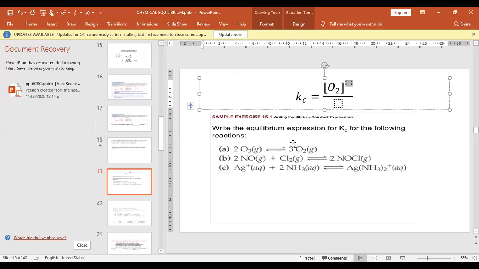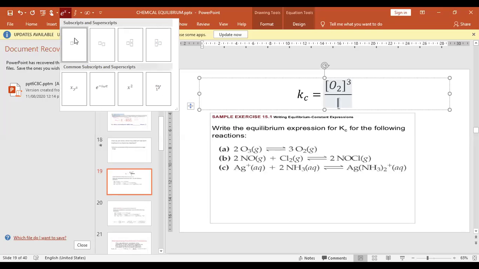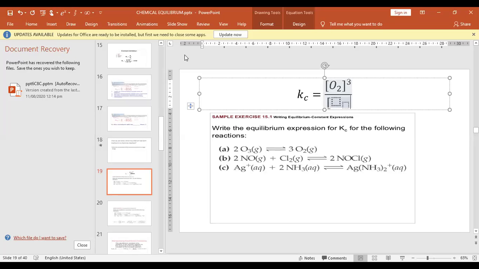We look at the number of moles here. The number of moles is 3, so raised to the power 3. Then over the reactant, the concentration of ozone. That will be O3.